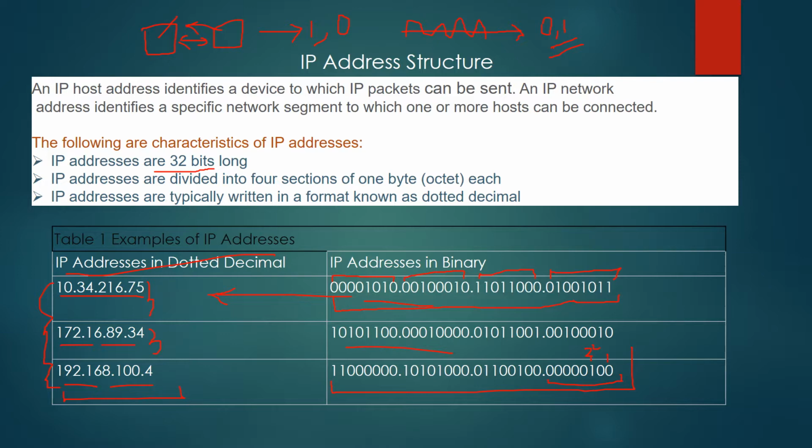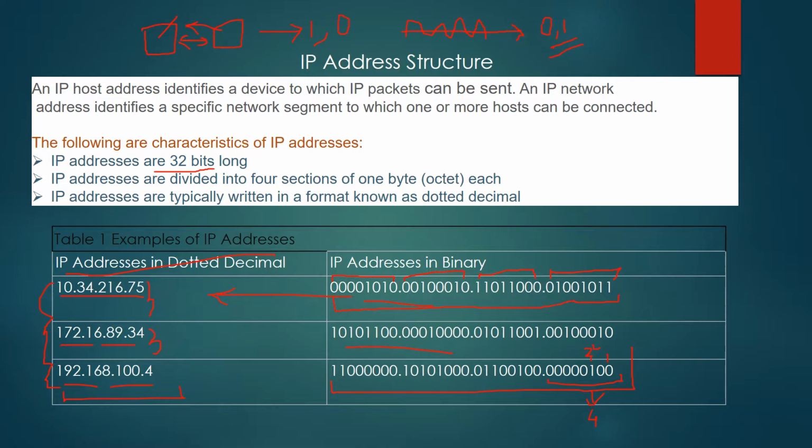That's why it is known as 4. Similarly, we have 100. This is equal to 2 to the power 6, 2 to the power 5, and 2 to the power 2. And all this is going to constitute 100.